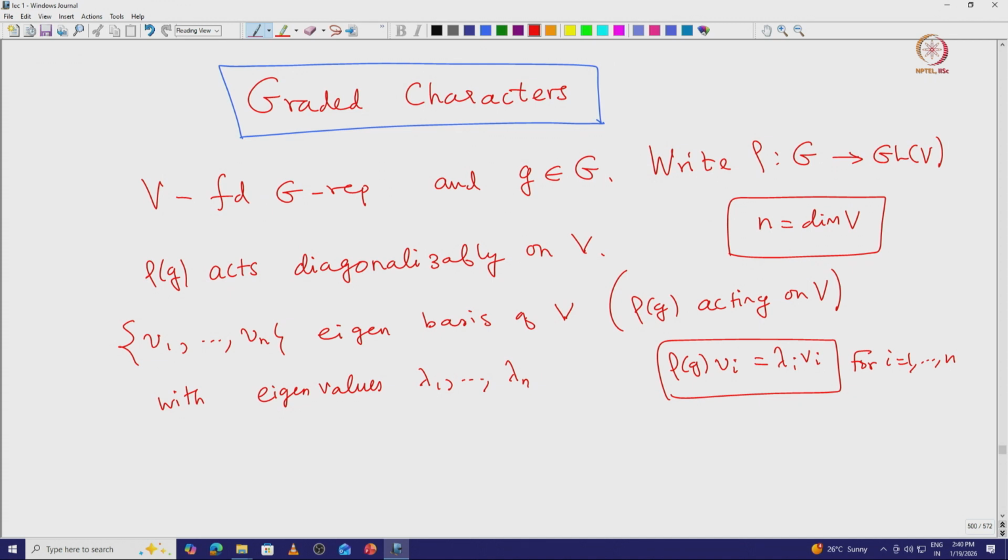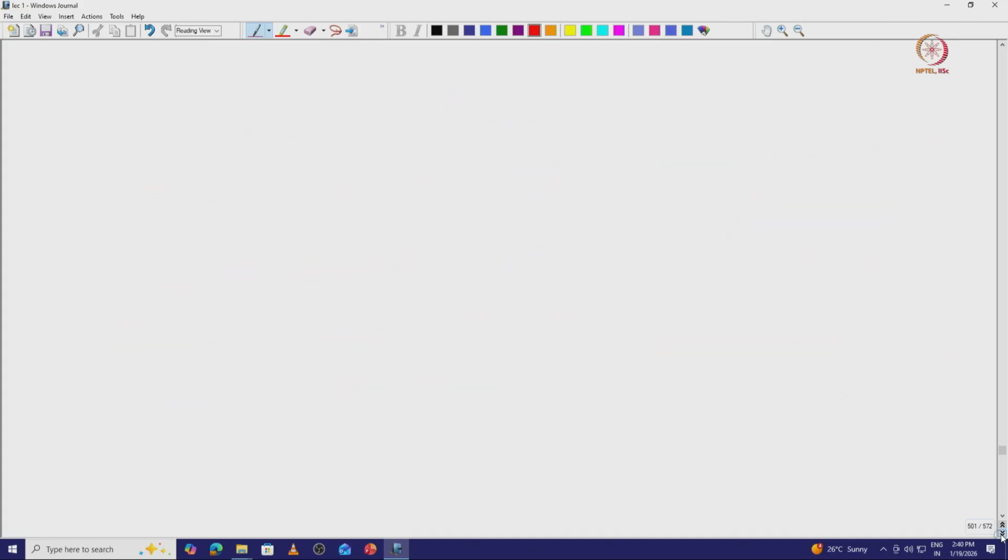Now if we are taking the tensor product or the tensor algebra, what happens? You have T of V, which is the direct sum of T^k V, k ranging from 0 to infinity.